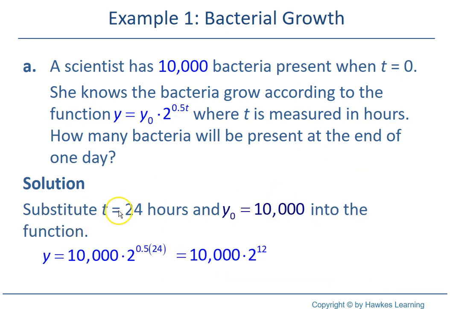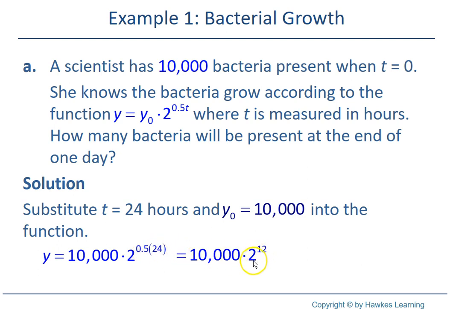So as we follow the book, our time, our t is 24. Y to the sub-0 is 10,000. And again, times 2. We have to do this part, the exponent, first in our order of operations. So when we take half of 24, we get a 12.